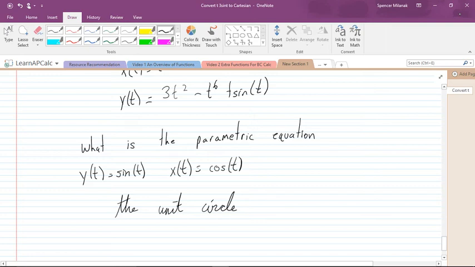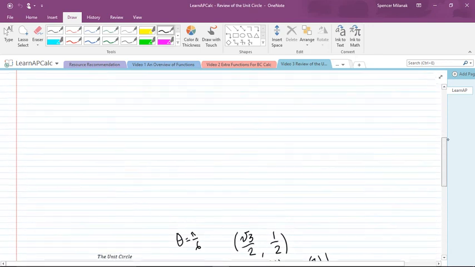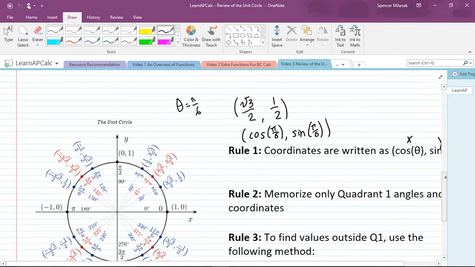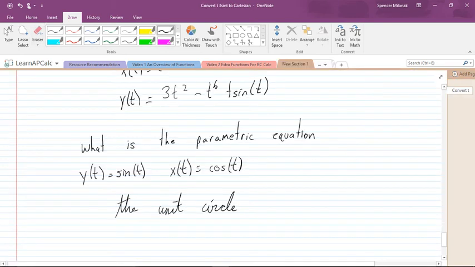If I look over here to my review the unit circle notes, I can see that I wrote somewhere, okay, right here, that coordinates are written as cosine theta comma sine theta. Well, that's exactly what we have right here. x equals cosine t, y equals sine of t.